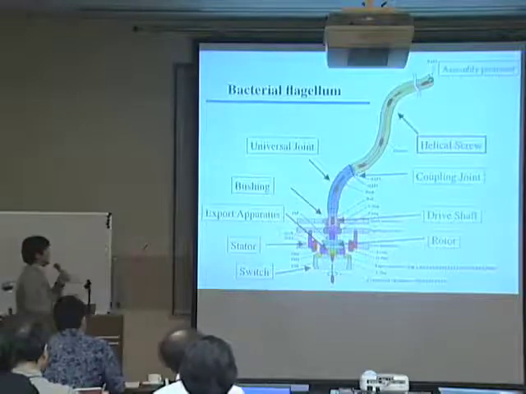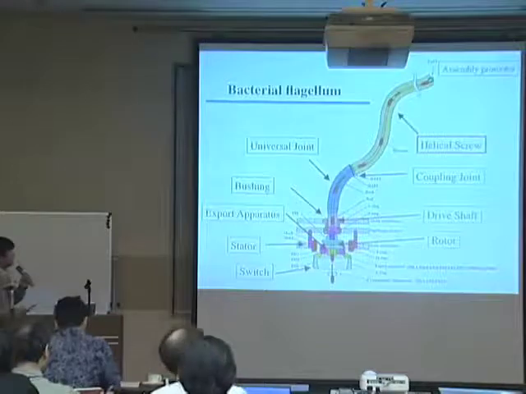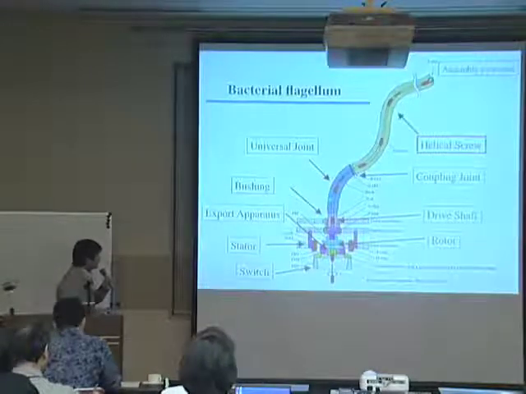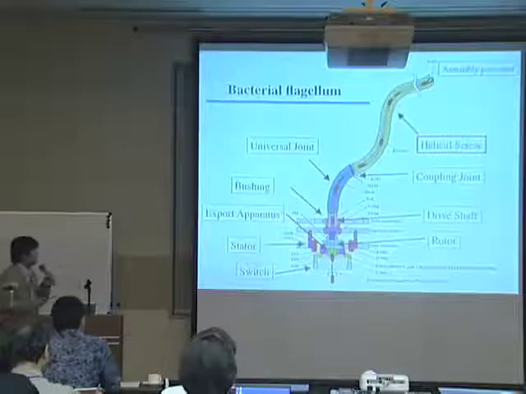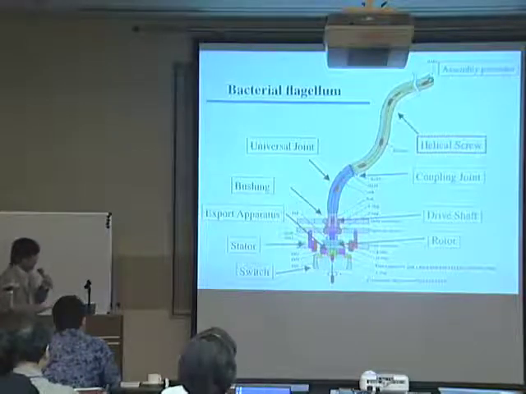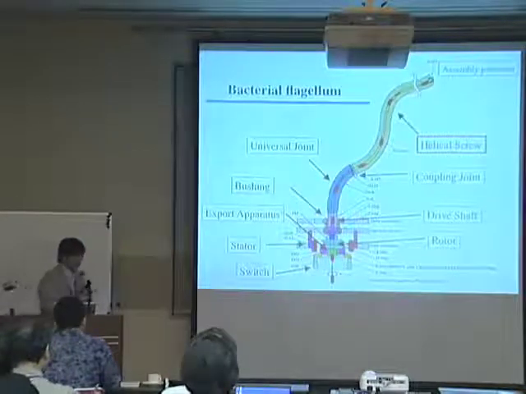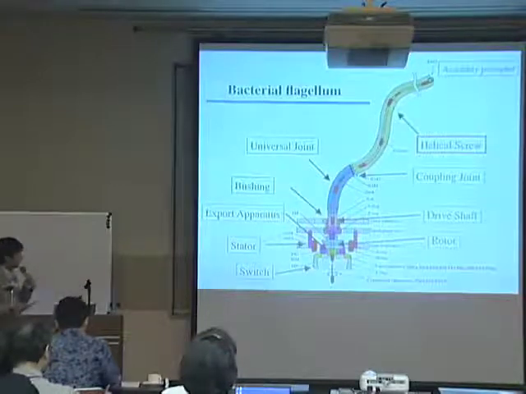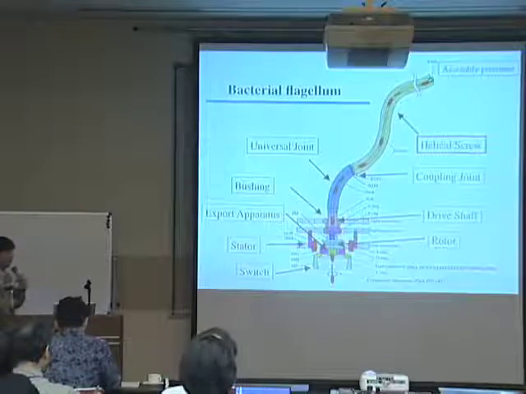So to transmit the rotational torque to the filament, we need a universal joint. So all the parts have an amazing mechanism, and this mechanism is based on the structure of the component proteins.